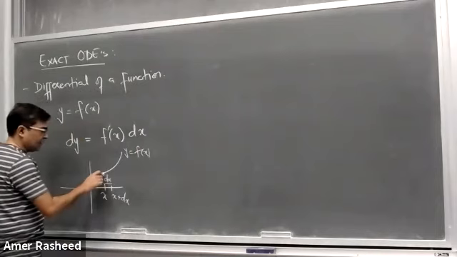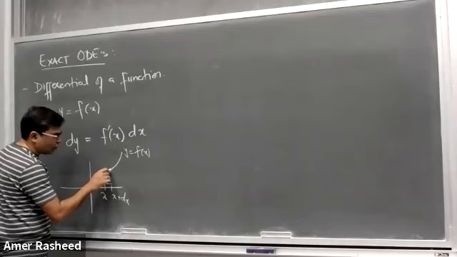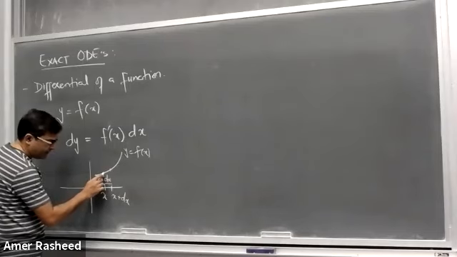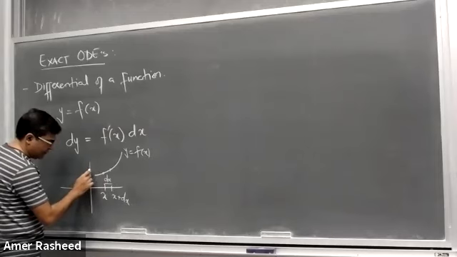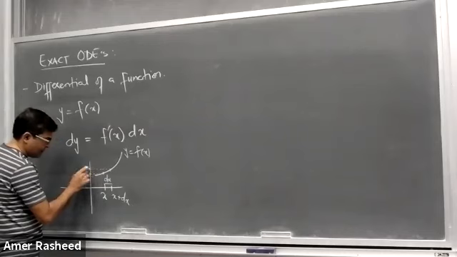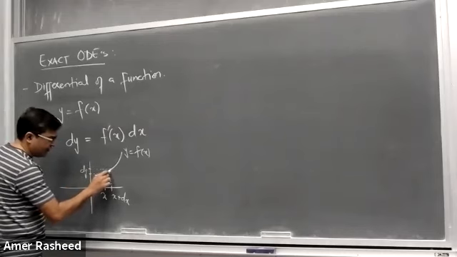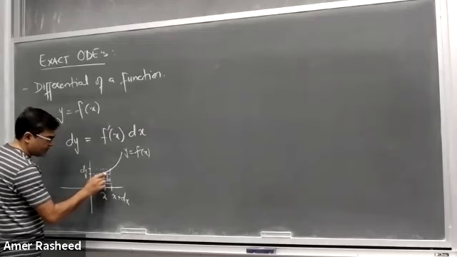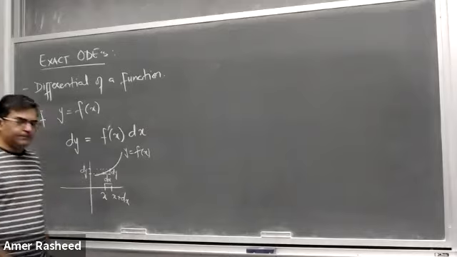Then, if this is a small change in x, what would be the corresponding small change in y? So from here to here, you can see here, this is the dy, which is the corresponding change in the y coordinate. Okay, this is the dy.